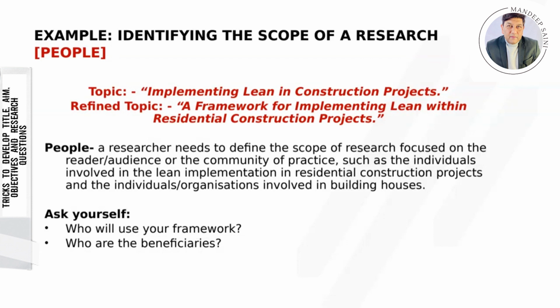So we need to think about the people, but who are the main people who will initiate the lean implementation? We need to think about that as well. So it could be the client, it could be the main contractor, or it could be the project managers. So who will use your framework? Who are the beneficiaries? These are the questions to ask here.